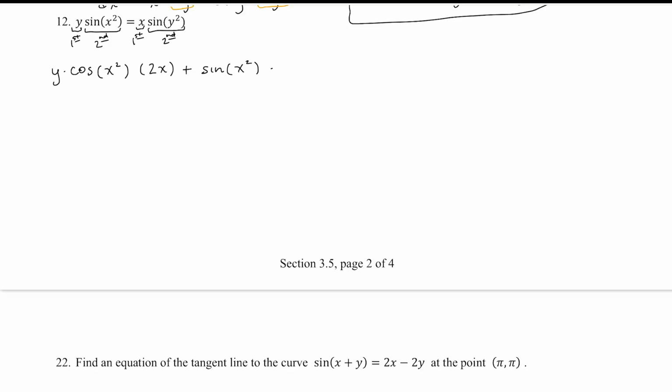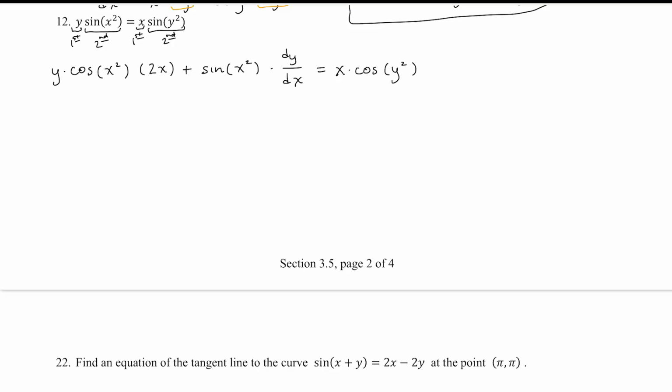Then I still have to do plus the second, sine of x squared, times the derivative of the first, and the derivative of y with respect to x is dy dx. Then I take the derivative on the right-hand side using the product rule, so that's the first, times the derivative of the second. Now this second is similar to the second on the left-hand side of the equal sign.